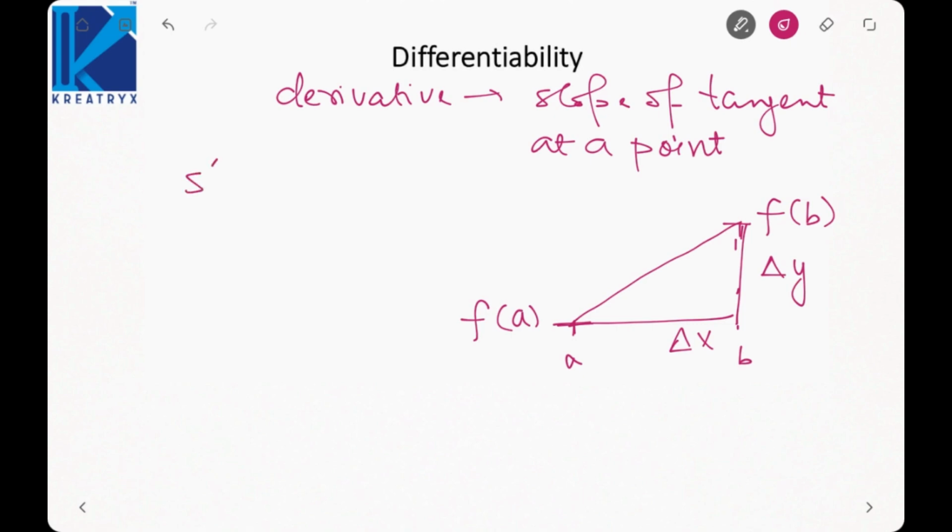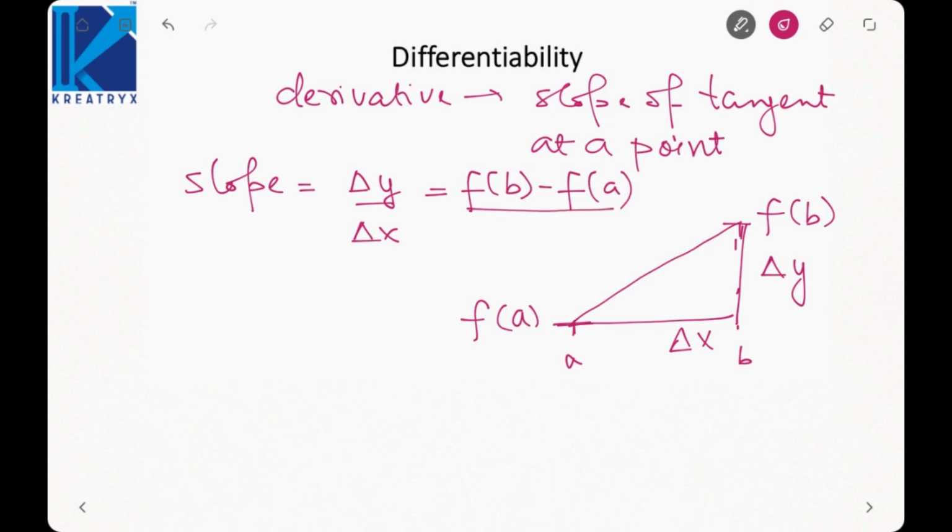So slope will be equal to delta y upon delta x, that is f(B) minus f(A) over delta x, which is B minus A. Now, if we take a function like this and I draw a line between the two points, its slope will be the same, that is delta y by delta x.